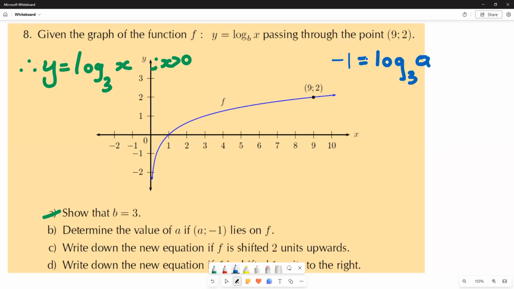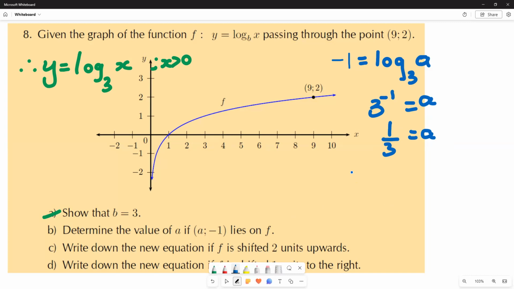Now we represent this in exponential form. Remember, 3 is the base and the answer is the exponent. So you have 3 to the power -1 equals a, which gives 1/3 equals a. Remember, if the exponent is negative and you take it down to become the denominator, the exponent changes to positive. So our value of a is 1/3.